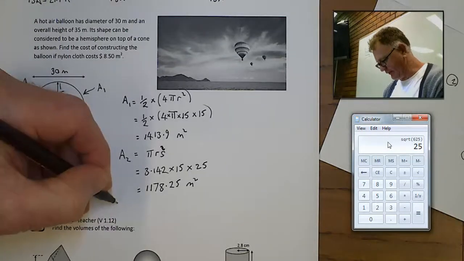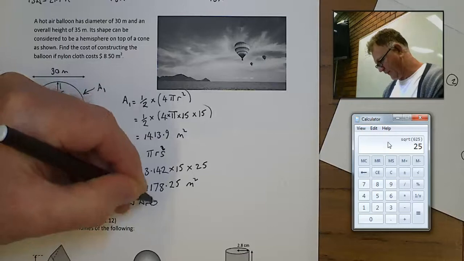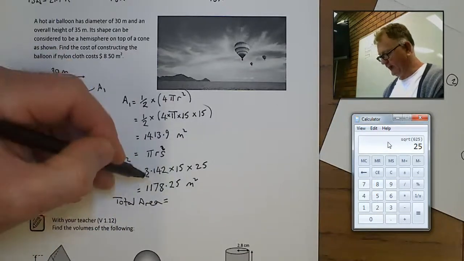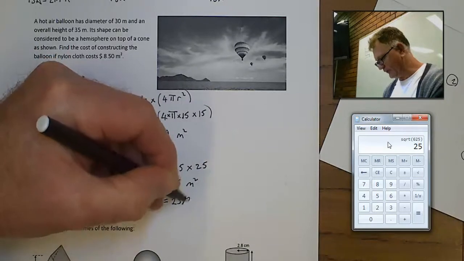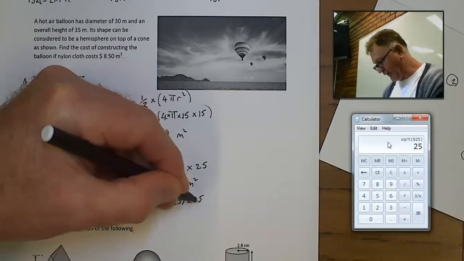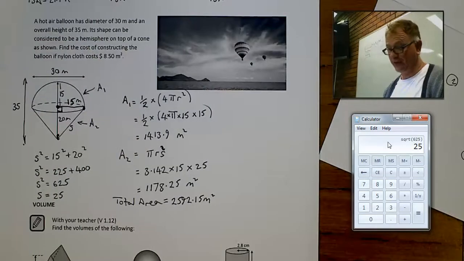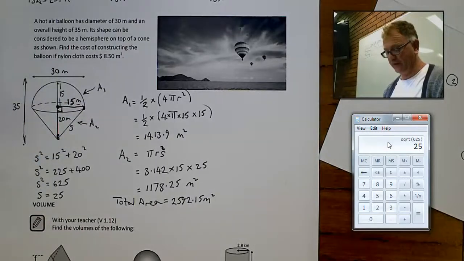The total area is equal to those two things added together, 2,592.15 metres squared. And we're nearly finished, but not quite, because the question said how much is the balloon going to cost. Each square metre costs $8.50.